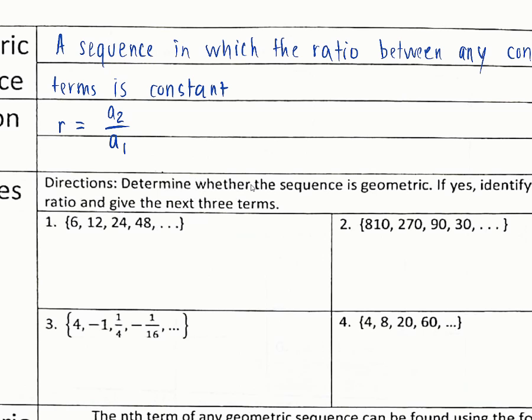So instead of finding a common difference, we're finding a common ratio. The ideas behind everything we're doing are the same. Yesterday we found the common difference by doing a sub 2 minus a sub 1. Today we're checking to see if it's geometric, so we're doing a sub 2 divided by a sub 1, and that will give us our common ratio.